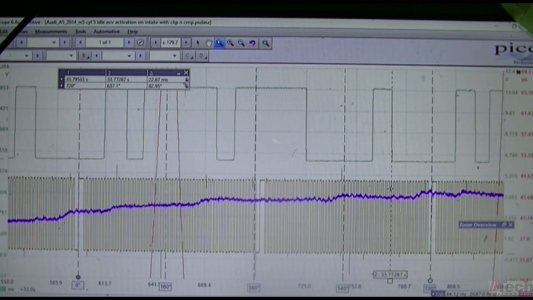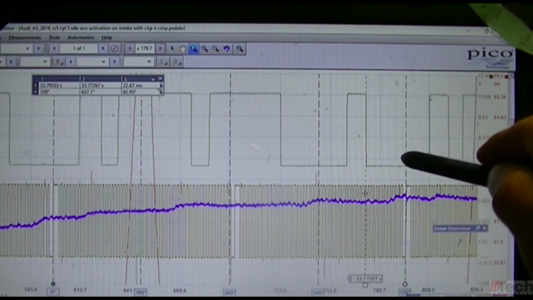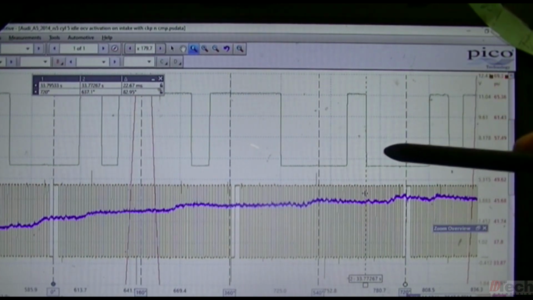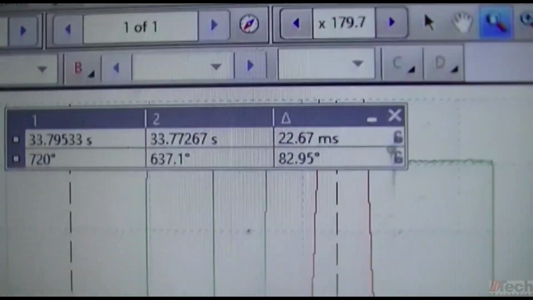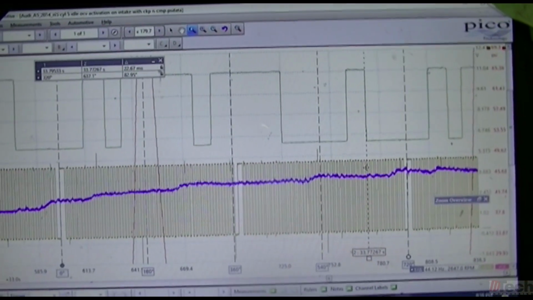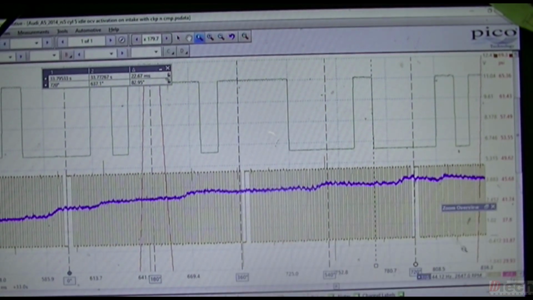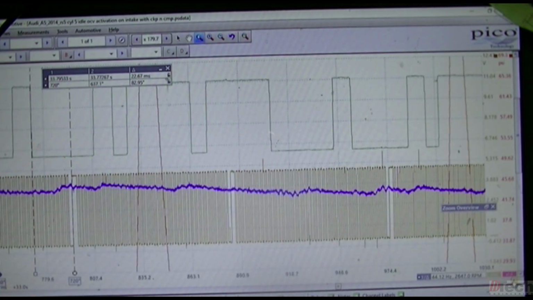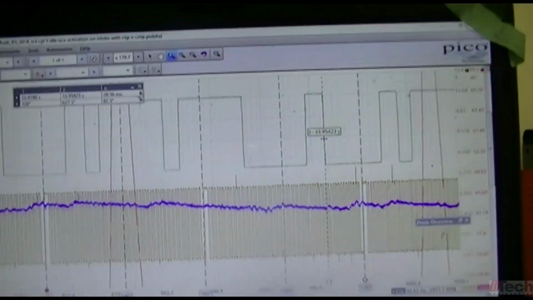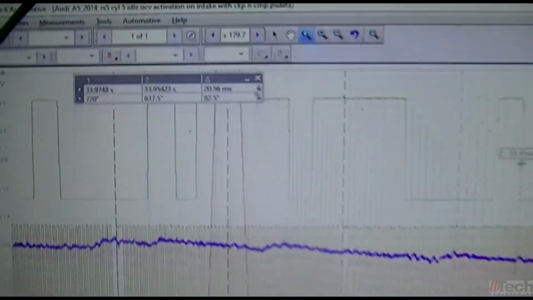Okay, so the first measurement here, you can tell the distance from the 720 over to that edge has increased, or has moved more to the left because we've advanced it. And we're at about 83 degrees for that first point, so we'll write that down. And then we'll move on over to the next cycle. Okay, and then the second cycle there, we are 82.